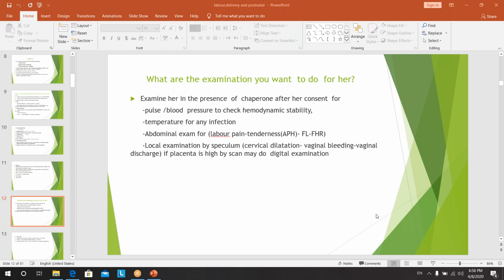According to NICE, if the patient came before 30 weeks complaining of symptoms suspected of preterm labor, start treatment immediately. But if the patient came at more than 30 weeks, they have to do the diagnostic test first before starting the treatment. This is according to the NICE guideline of preterm labor. Okay, sir. Thank you so much.